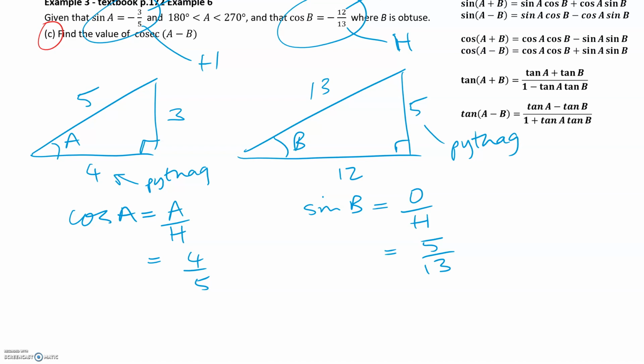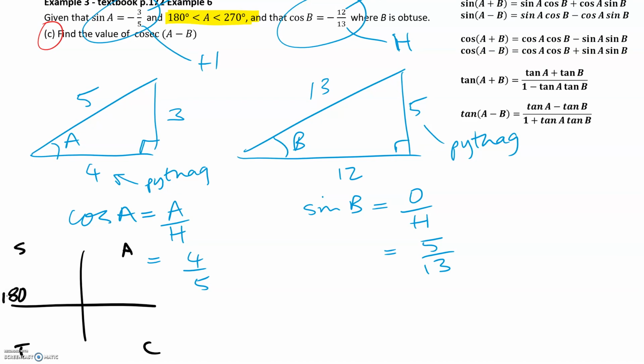So if we look at this, A has to be between 180 and 270. This is where I find the cast diagrams very helpful. So if we sketch our cast diagram, this is all 4 quadrants, but all we're actually interested in is the quadrant down here, between 180 and 270.